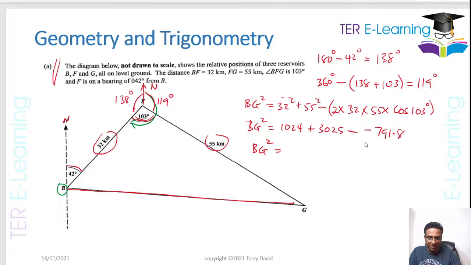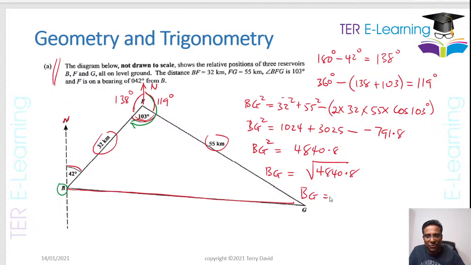So 1024 plus 3025 plus 791.8, and what I'm going to get is 4840.8. So BG is going to be equal to the square root of 4840.8. Just use the calculator here.